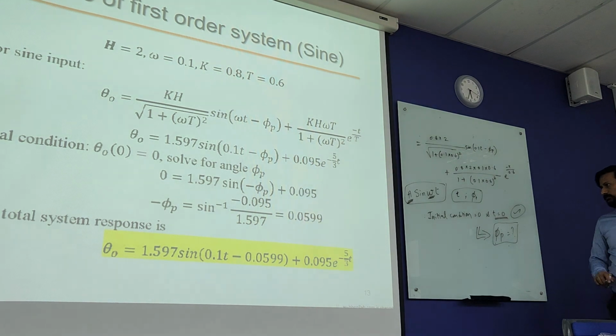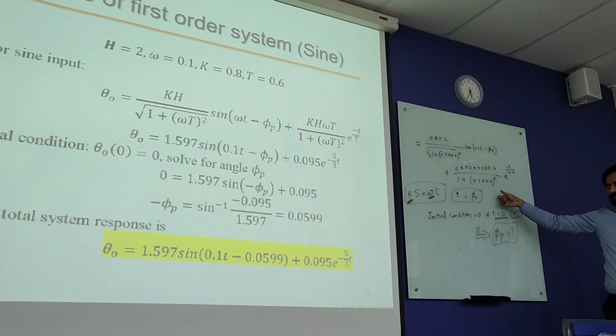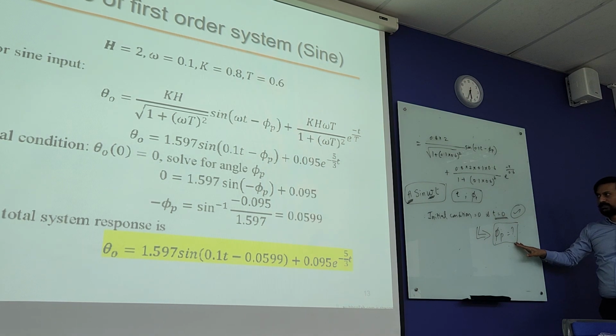This only applies for sinusoidal waves or sine waves. Apart from other things, you just substitute and you get the answer. When you say sine, you need to make the initial condition, then get the phase, then put the value into the final equation. So are we good? Any questions?